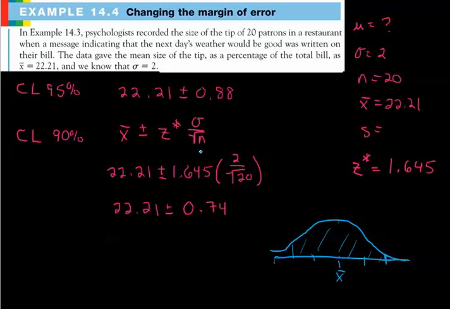We're not as confident that it's going to be in the bucket, because the area is much smaller. This is only just over 1.5 standard deviations away from the mean. So our 90% confidence interval is only going to be in this yellow area. So as your confidence level decreases, your margin of error also decreases, because you're now looking at a smaller interval to contain the values that you're looking at.